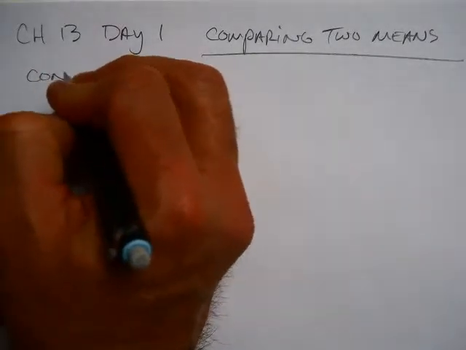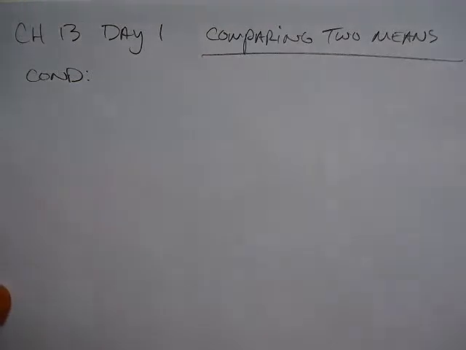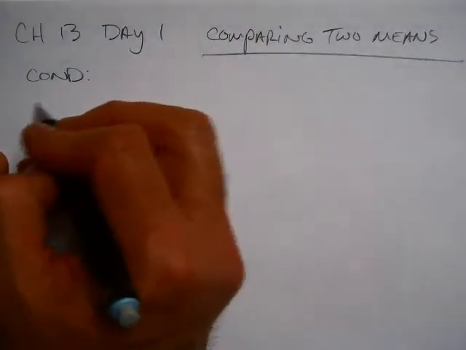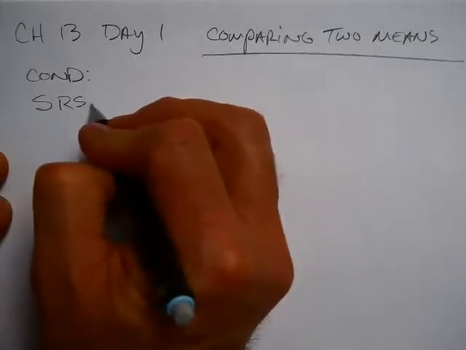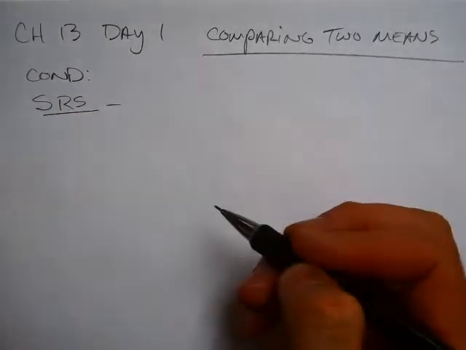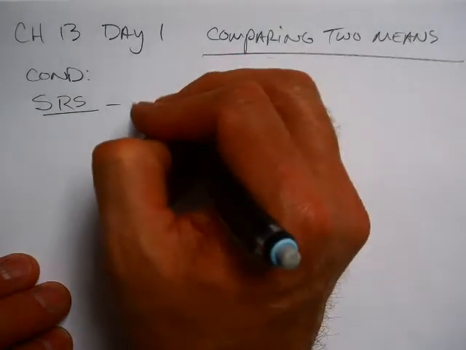Conditions. So we're comparing two means, so we're going to be comparing two groups. Conditions are pretty much what we're used to, SRS. We have two SRSs from two distinct populations.